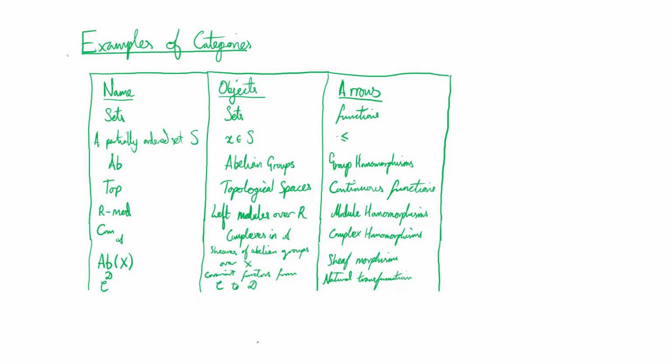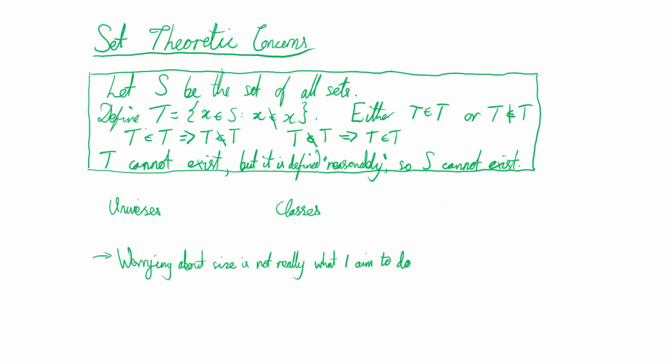Now, let us discuss the elephant in the room with regards to the category of sets. You cannot have a set of all sets. This is a proof that you cannot have a set of all sets. This is the first chapter of Bourbaki, which discusses, oh god, we have a set of all sets.